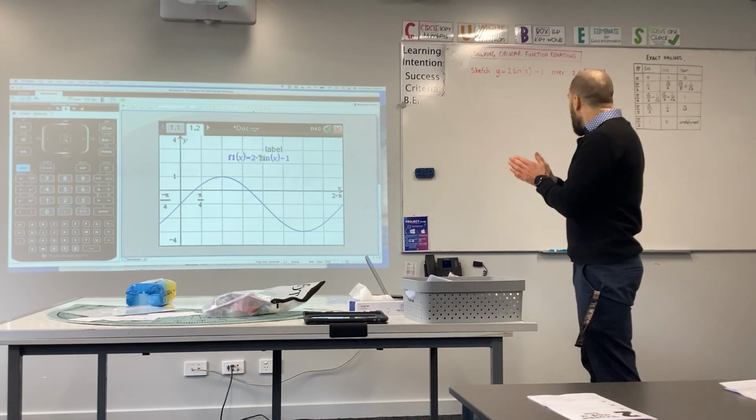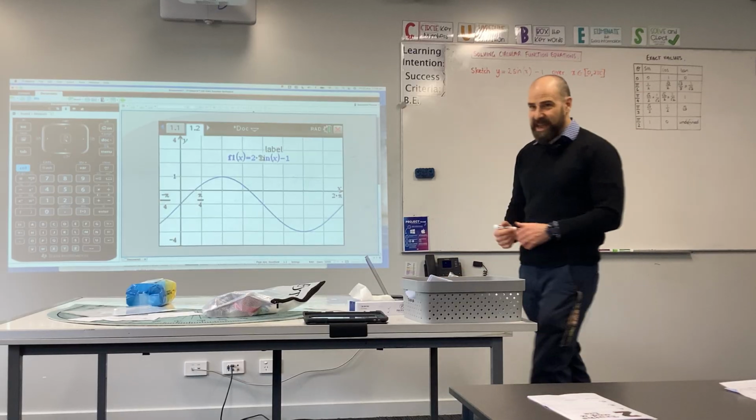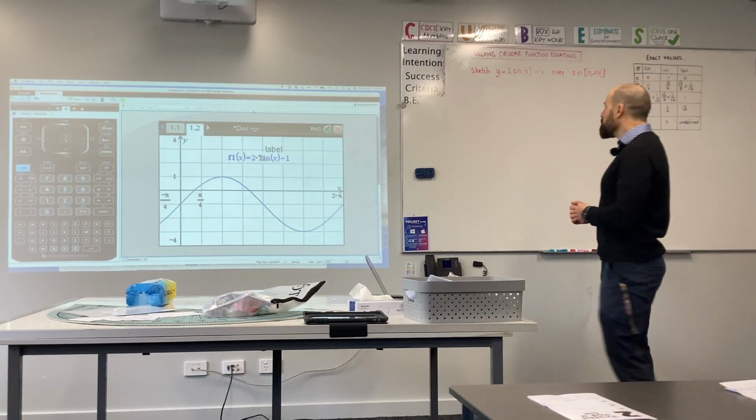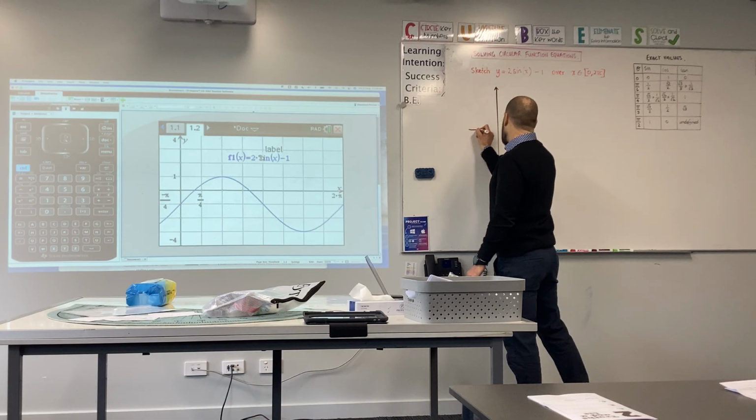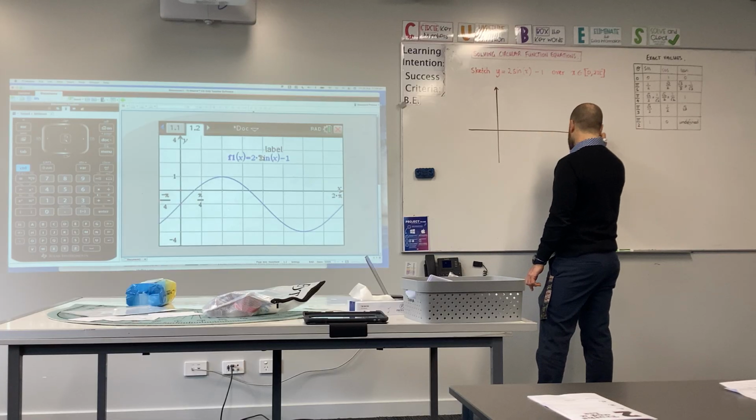Right. Now, when we transfer it by hand, let's now run through doing this by hand. First thing I'm going to do, I'm going to rule up my axes on the grid lines on my page.